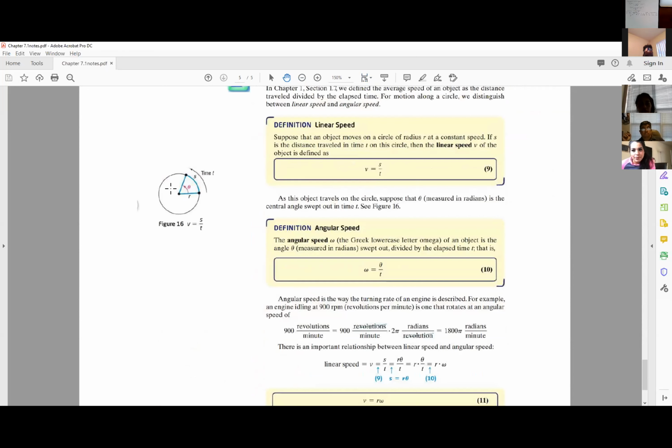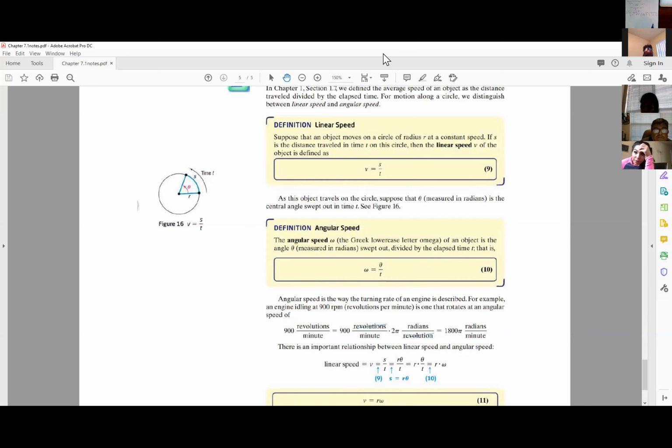So you have a radius from the center to the edge, and that distance on the edge of the circle is the arc length. So you're sweeping across some distance s. So we're trying to figure out what is s given the radius r and the angle subtended. So how far did I sweep? What is that distance?